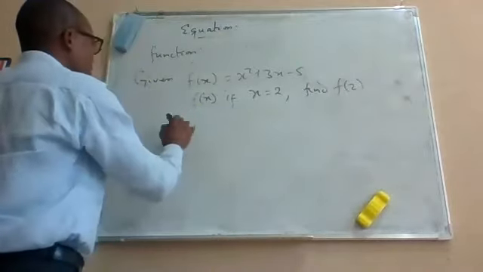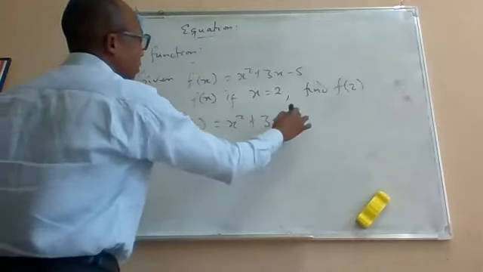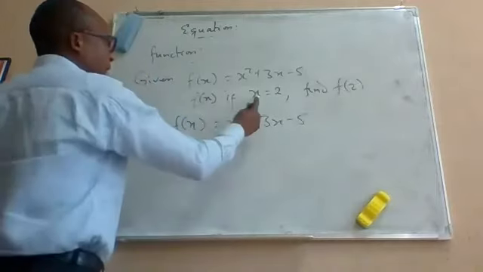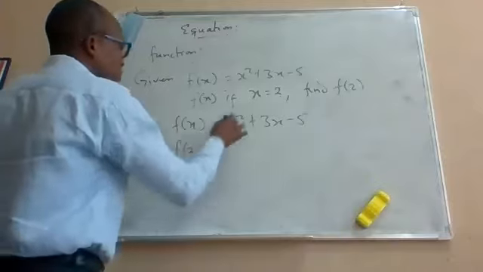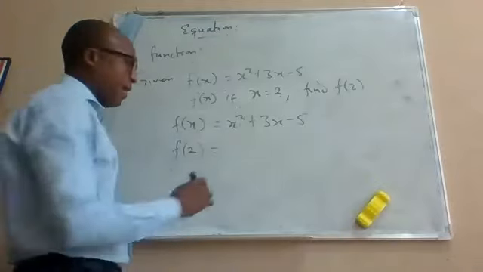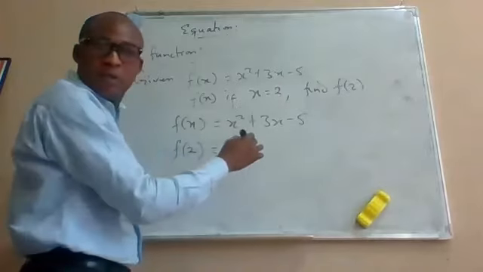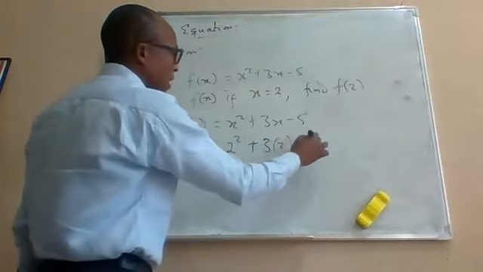That means s is now taken to be 2. So if f of s is given to be s squared plus 3s minus 5, then you are looking for f of 2, that is s is equal to 2. In that case, 2 will be substituted where you have s. So this will give you 2 squared plus 3 into 2, then minus 5.